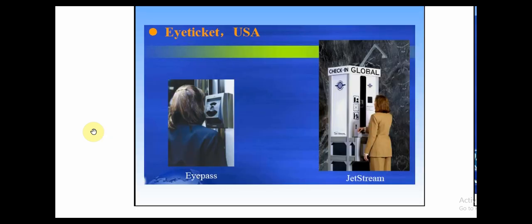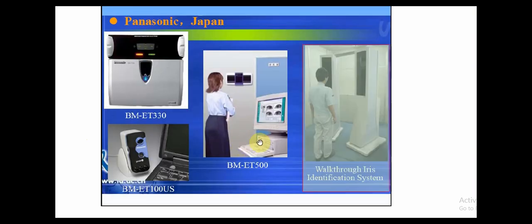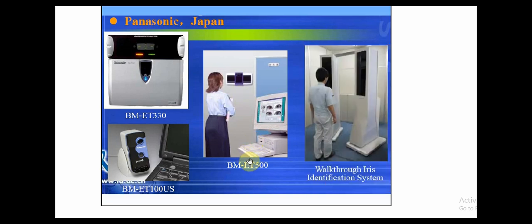This is another example. And this one is an example of an iris on the move system, or walking through iris identification system. In this type of system, the user can walk through a corridor and the sensor captures the iris pattern without the need to stand in front of the sensor for a while.